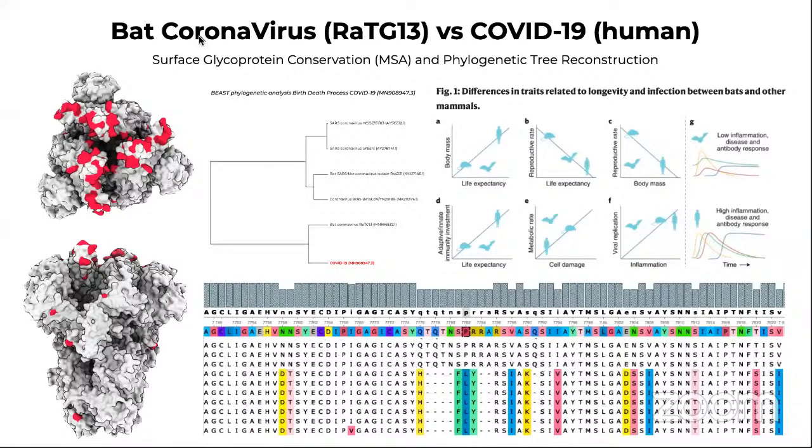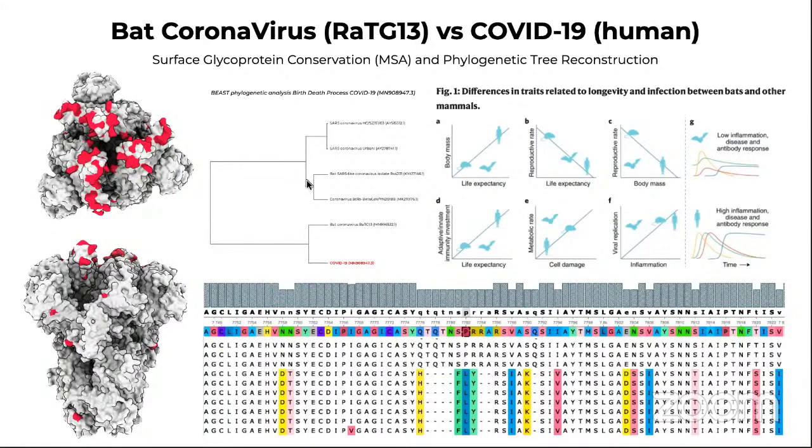And so one of the things that you see here, you probably already recognize that the majority of these mutations that are differences essentially between the rat G13 genome and the human COVID-19 genome are found in this receptor binding domain region.